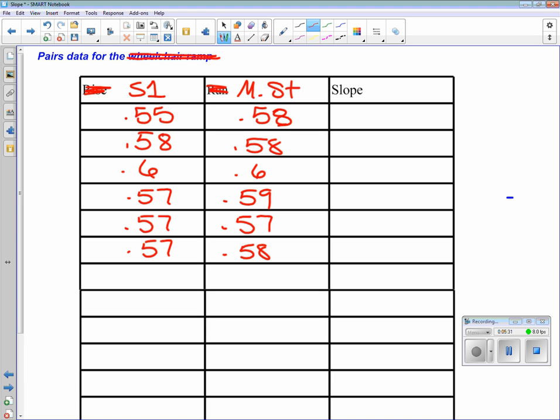Is one steeper than the other? Not really. And you know that for a fact because they're the same height. They start at the same place, they end at the same place. So the slope's the same, the incline's the same. It's got to be the same.